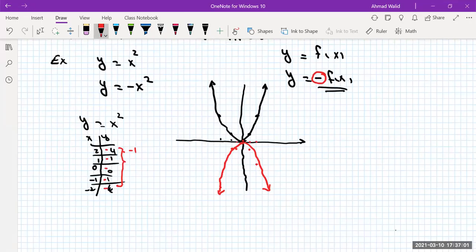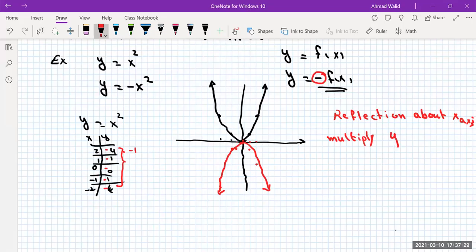Reflection about x-axis: multiply y with negative 1.